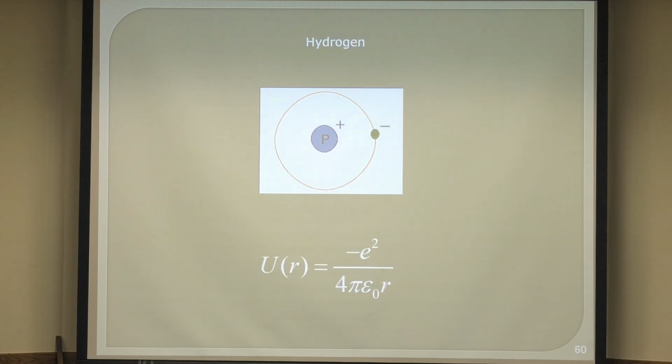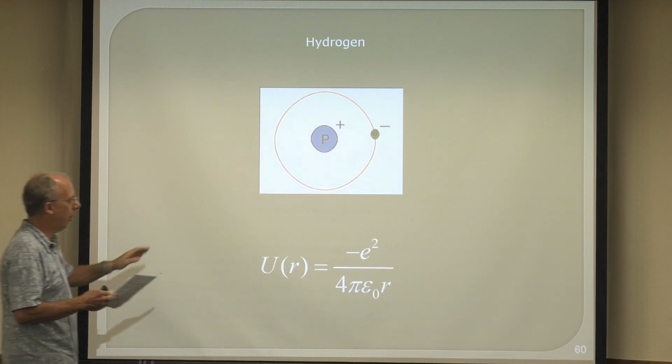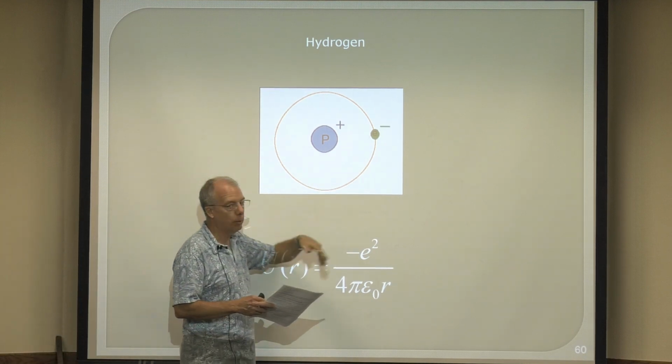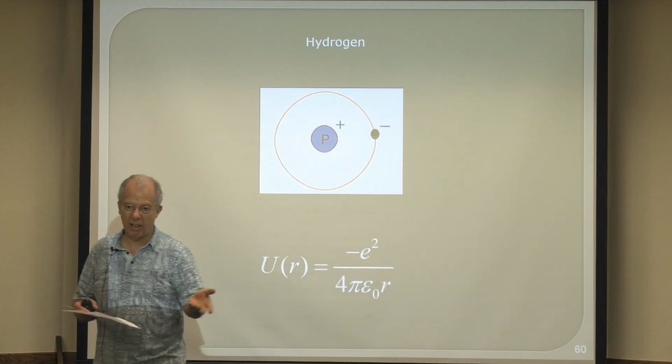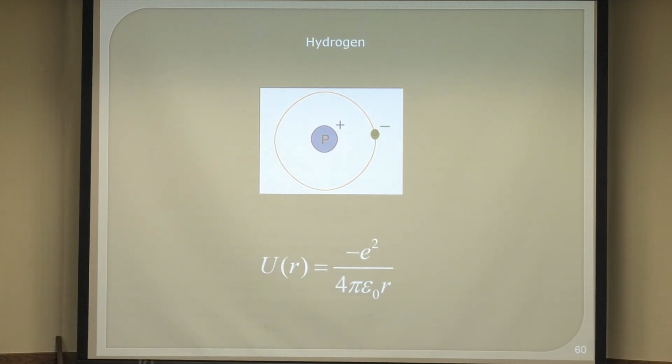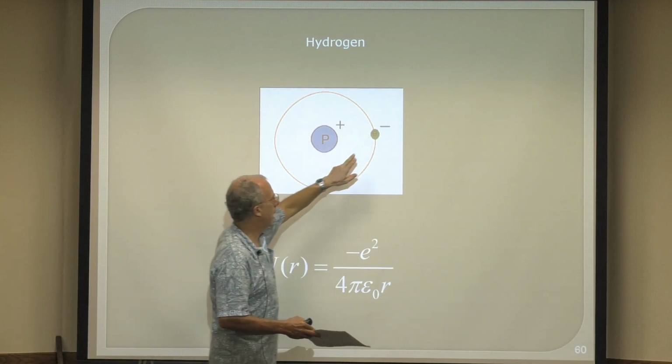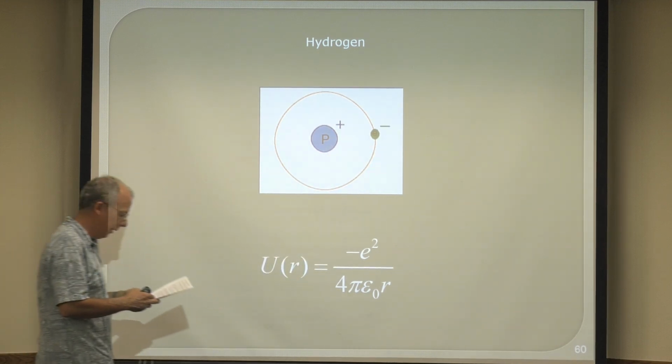Okay, so we've talked a lot about the hydrogen atom, right? That's pretty cool. And so what people did next is they started applying this to atoms with more than 1 electron, right? Wouldn't that be what you would do? So this is the potential energy, again, between an electron and a proton for hydrogen.